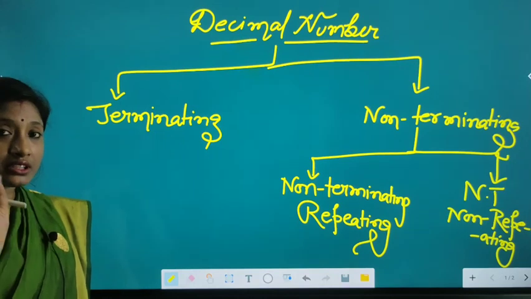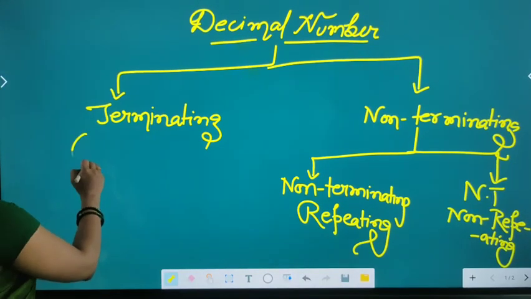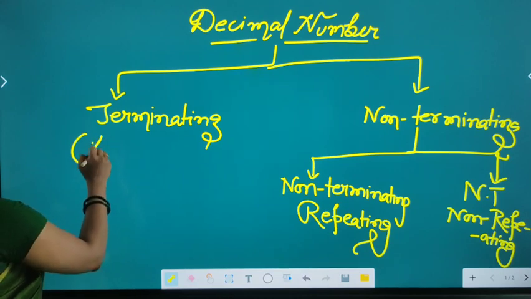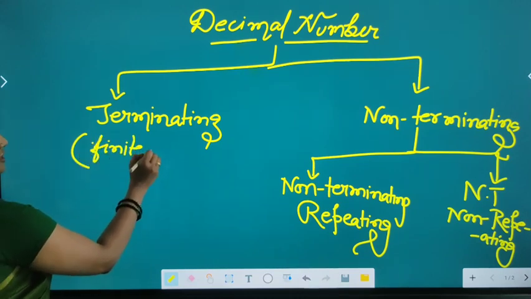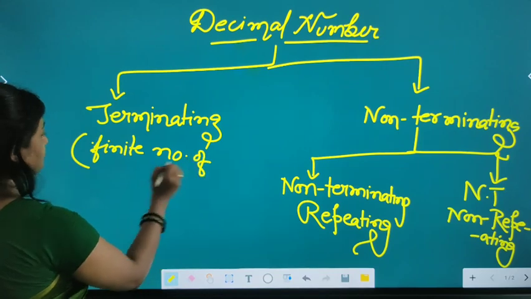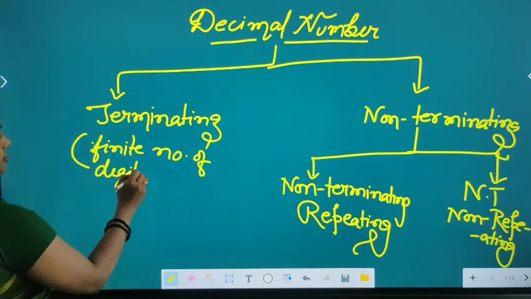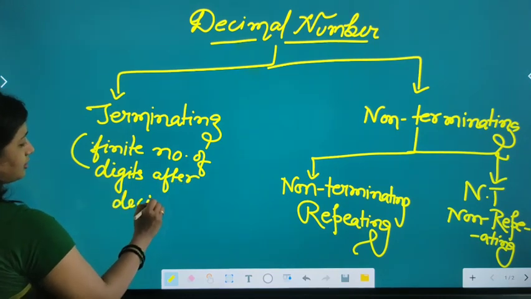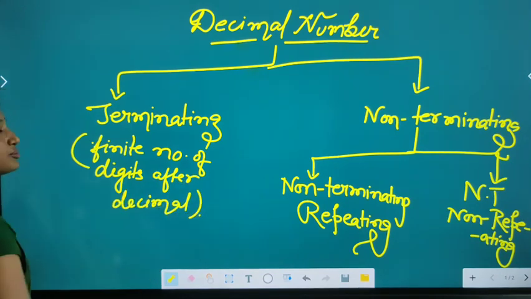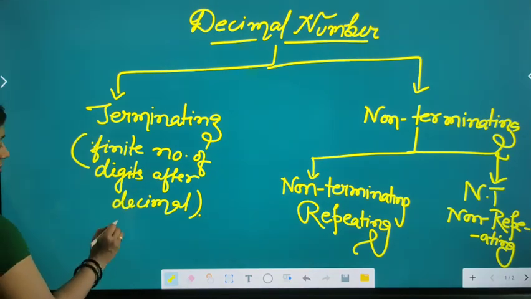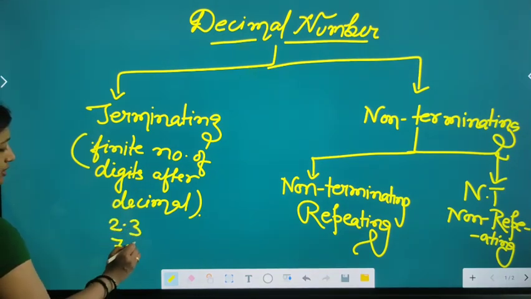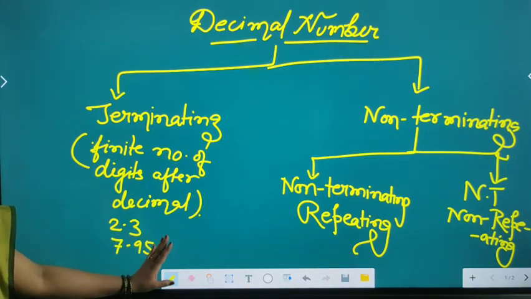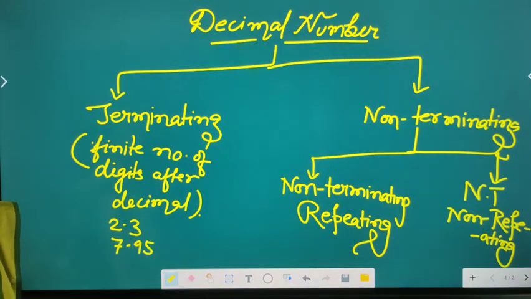These are the classification of decimal numbers. If you want to write the definition, you can easily give here: decimal number having a finite number of digits after decimal. For example, 2.3, 7.95 and so on. Terminating means after decimal you are going to get a finite number of digits.